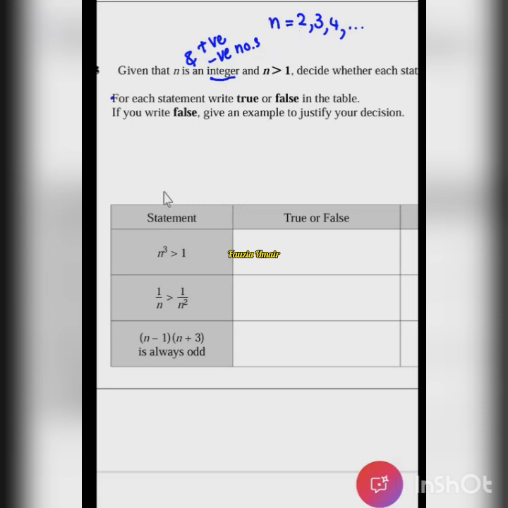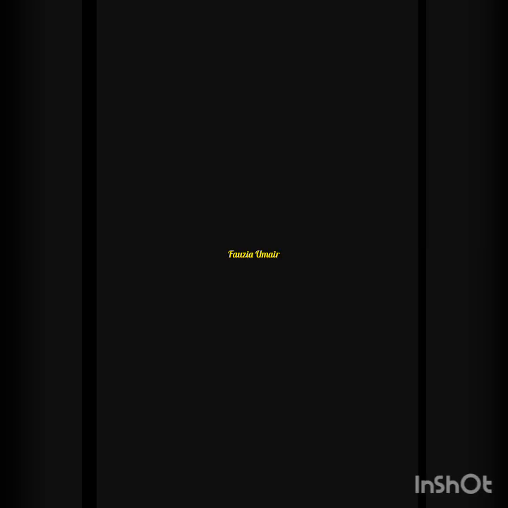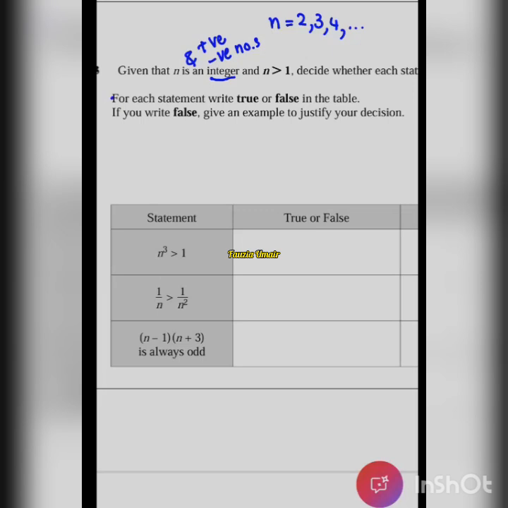All right. So now the first statement is n cube is bigger than 1. What do you think? Is this a correct statement or an incorrect statement? What do you think, Meerup? Ma'am, I think it's correct.